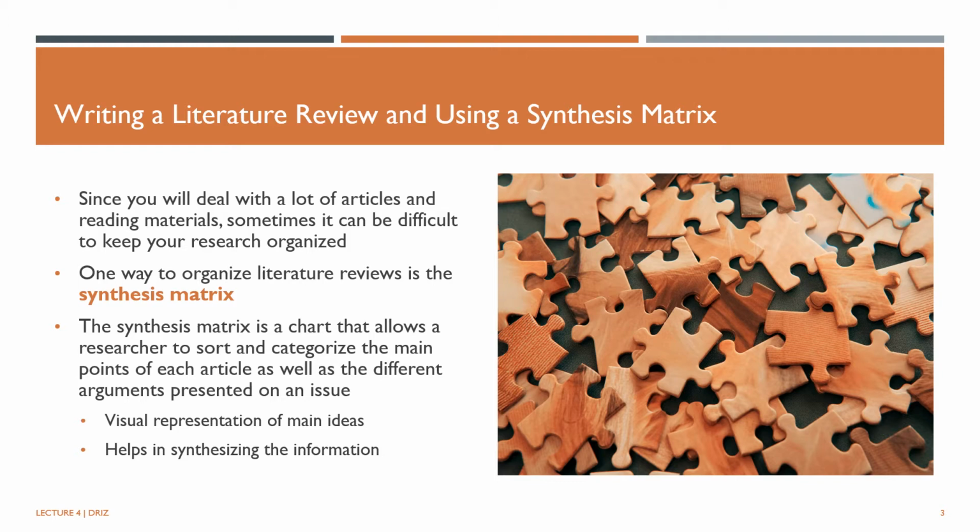A completed matrix will help to integrate all of the different resources together, which will facilitate the synthesis of information on a specific topic. By using the synthesis matrix, all of the key information will be saved in one place. Having this organized document will help you during the outlining and writing phases of your literature review.